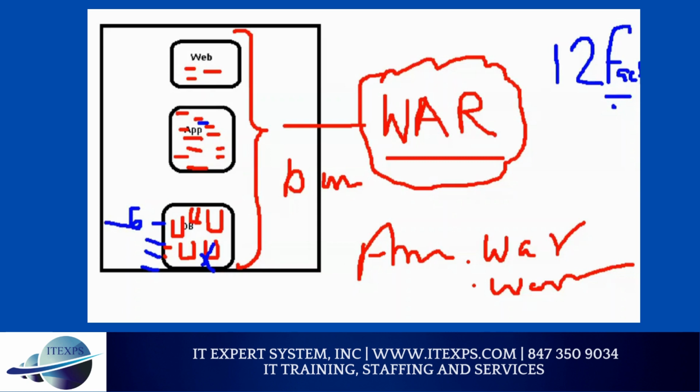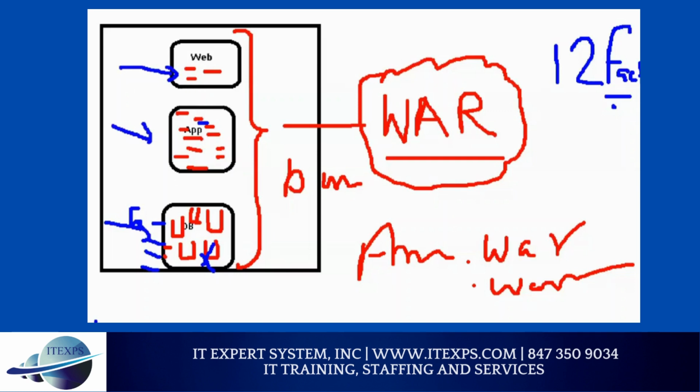Hundreds of people work here, hundreds of people work here, hundreds of people work here. But if one person makes a mistake, all hundreds of people's effort is repeated. Because we have to bring it back, which is called rollback, and then we have to deploy again. Roll back and deploy again. Who suffers? Customers suffer. Business suffers. And no one wins because of the way the application was designed, which is the monolithic base.